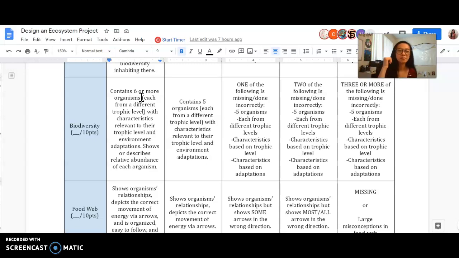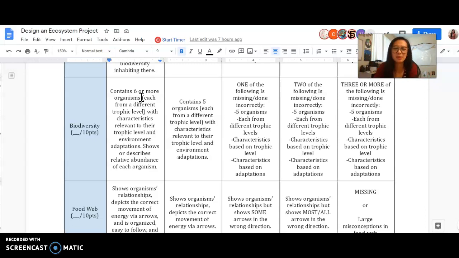It means that whichever organism is a producer, it has to have some way of photosynthesizing or making its own food, right? In terms of adaptations, you might see that the top consumers have specific adaptations that help them hunt some of the other organisms, right? So hopefully when you create your biodiversity, it still makes sense along those same lines.